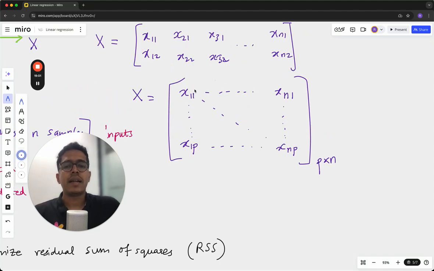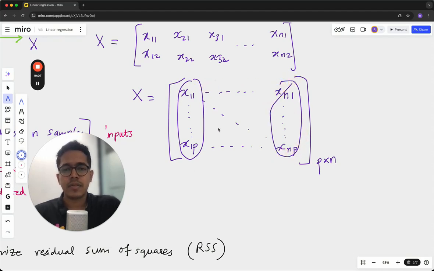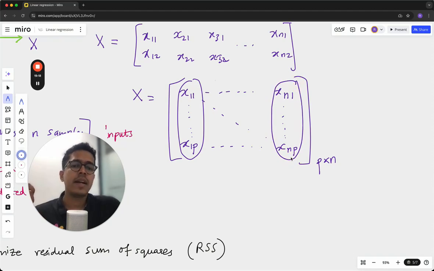Here each column is a data point. The first column of X corresponds to the first experiment, which is the first data point. The last one is the nth experiment, with all the p dimensions of the input corresponding to the nth experiment.